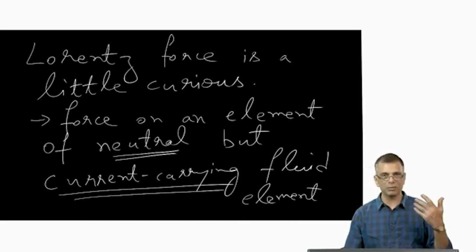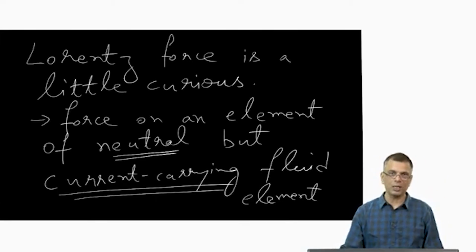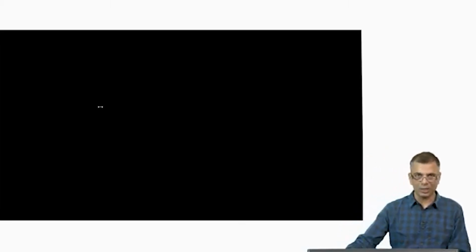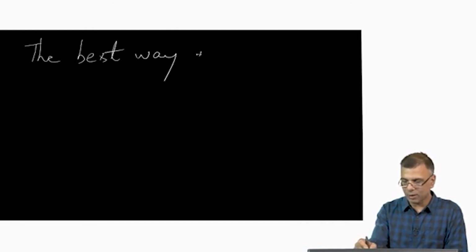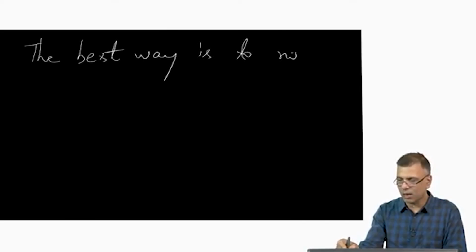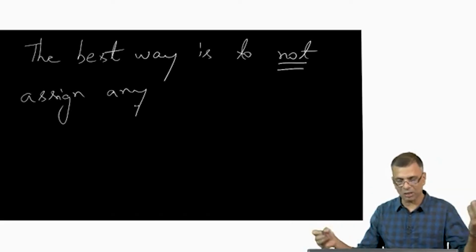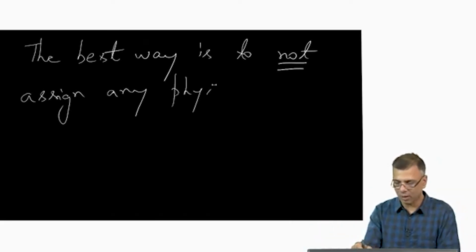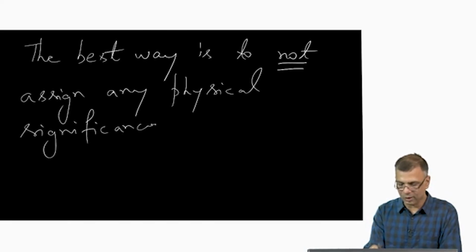and these are related to the curiosities with regard to the idea of current itself in magnetohydrodynamics, which we have talked about. The best way out, as we have seen, as I have remarked earlier, the best way is to not assign any, shall we say, physical significance to the current density.